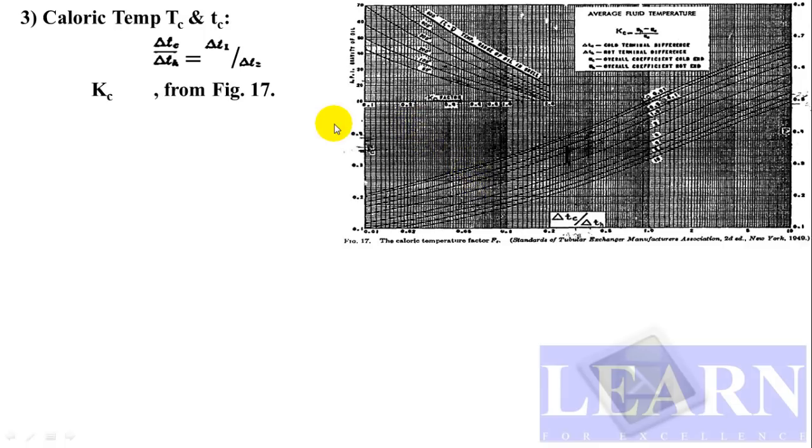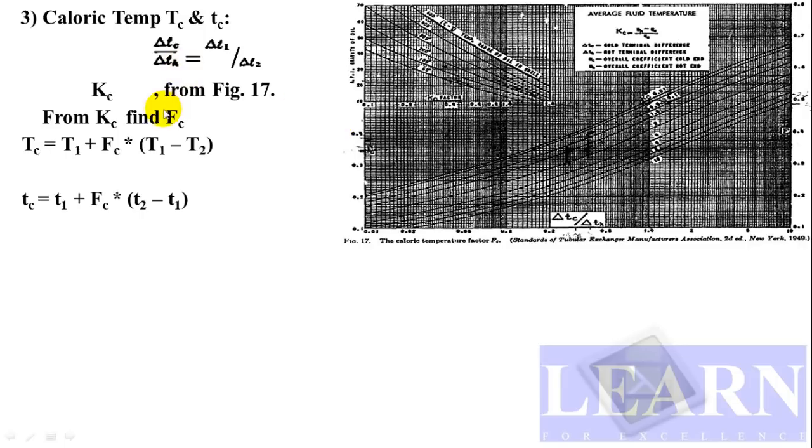From this we can find Fc. After finding this Fc, we can substitute the value of Fc in Tc, that is the caloric temperature, using Tc is equal to T2 plus Fc into (T1 minus T2). Similarly for the cold fluid, tc is equal to t1 plus Fc into (t2 minus t1).